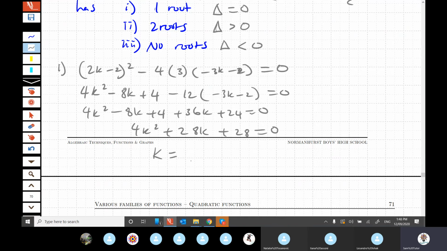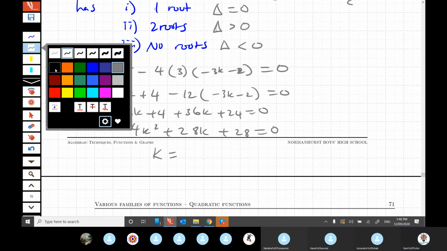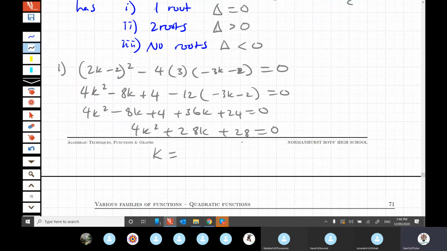K equals, let's see if it works out. Now how do we solve this question? You obviously need to use the quadratic formula.